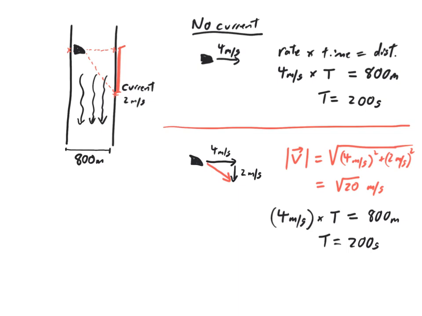So it's traveling at 2 meters per second for a time of 200 seconds. So rate times time is going to equal the distance, and in this case it's 400 meters. So that's how far it's going to travel southward as it's going across the river.